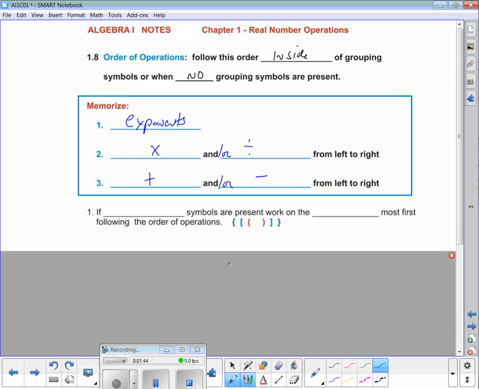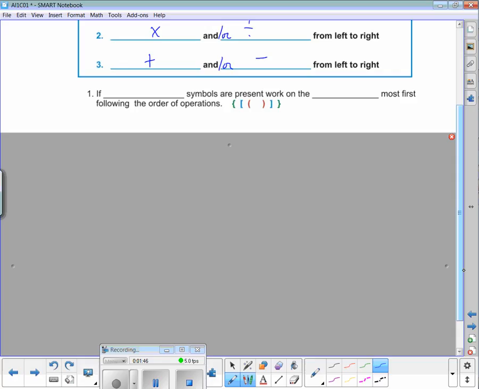All right, and of course we know with the grouping symbol kind of thing, if grouping symbols are present, you got to work in the innermost grouping symbol first, right? Sometimes there's not an innermost, but again, if they need to use grouping symbols, the builder of the problem would first use a parentheses.